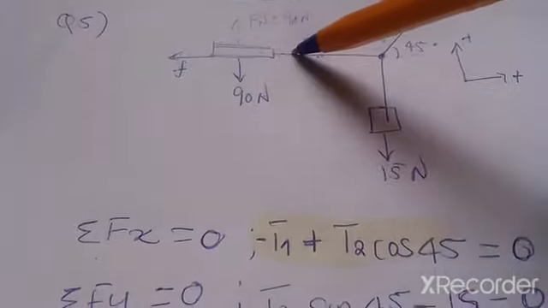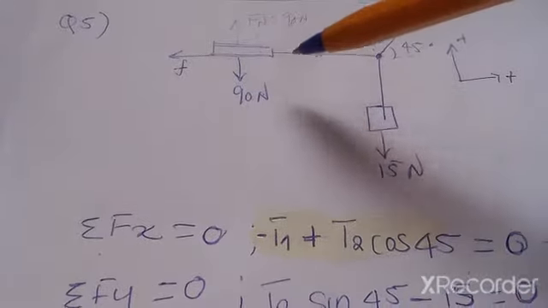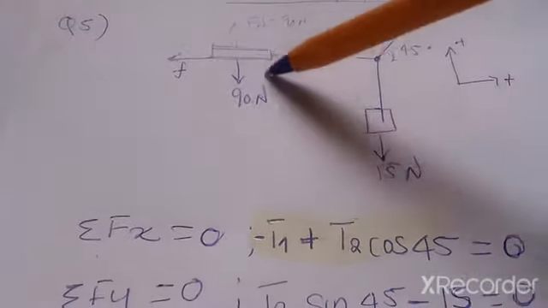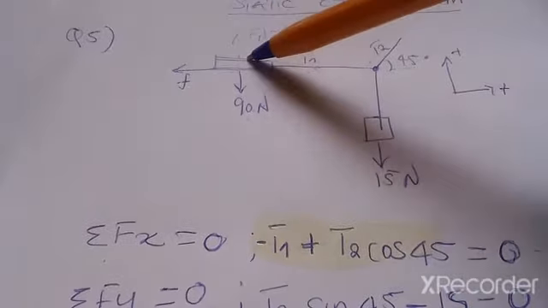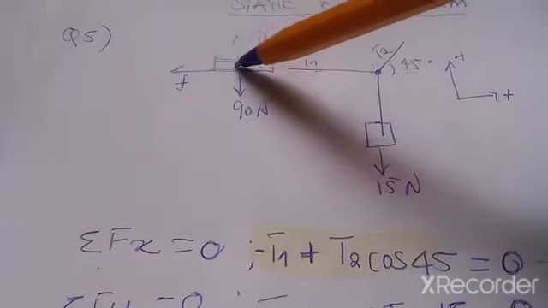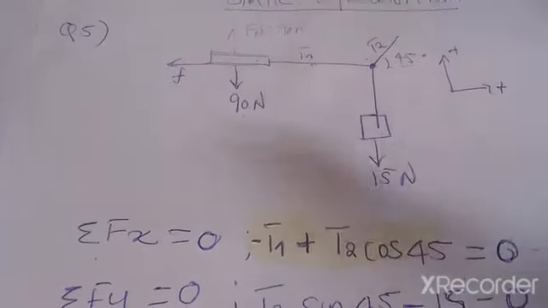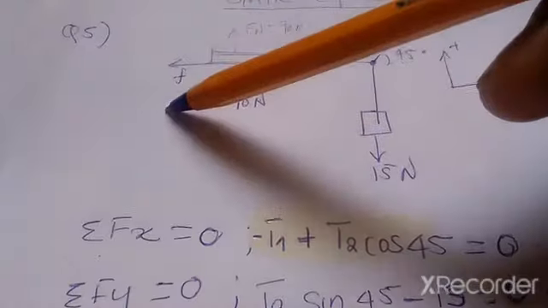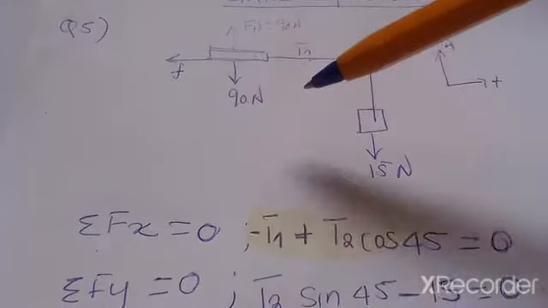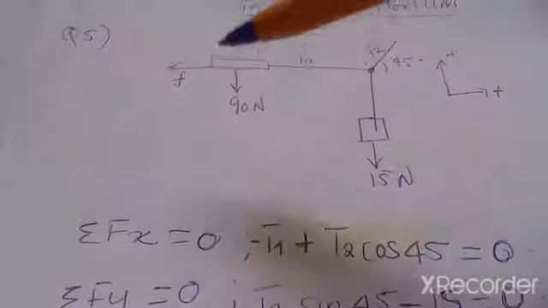That's the minimum, right? But we have got 27 newtons with reference to the weight of this block. So the 27 newtons is the friction, while the minimum required force is actually 15 newtons.